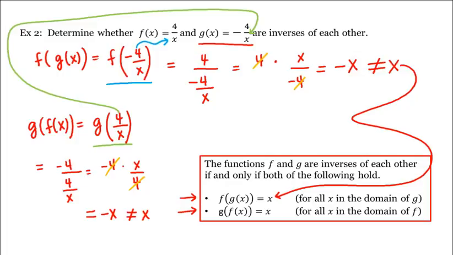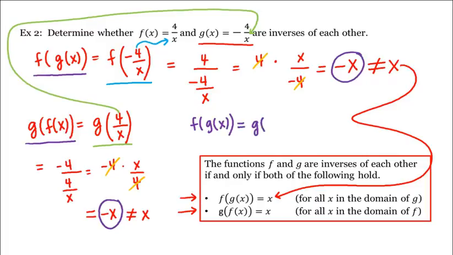Now be careful here. Some students will think that because this composition down here, namely g composed with f, and this composition up here, namely f composed with g, are equal to one another, that these functions would be inverses of each other.